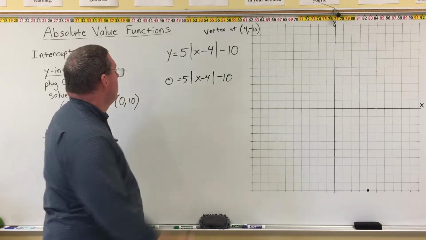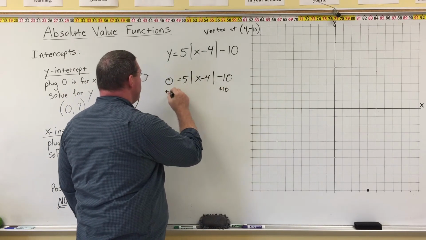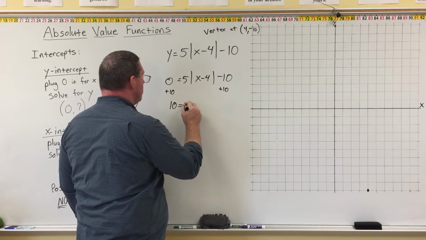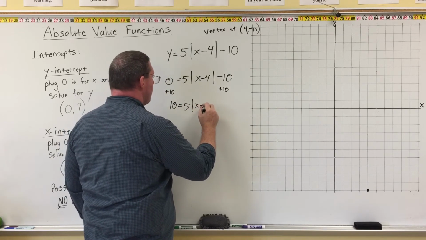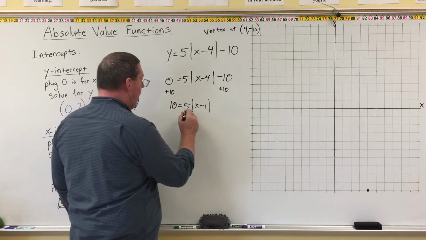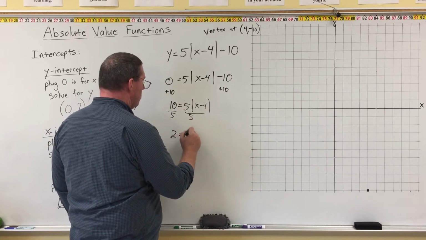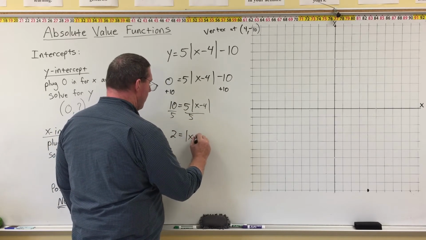And so now, to solve this absolute value equation, we're going to add 10 to both sides. We get 10 is equal to 5 times the absolute value of x minus 4. And then to get rid of this 5, we're going to divide by 5 on both sides. And we get 2 is equal to the absolute value of x minus 4.